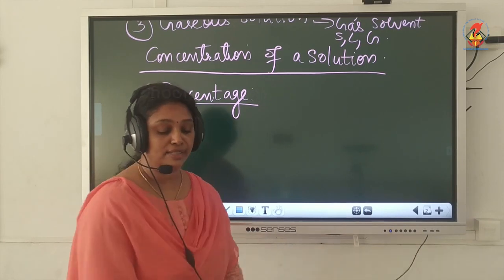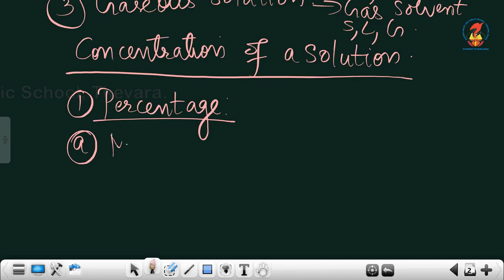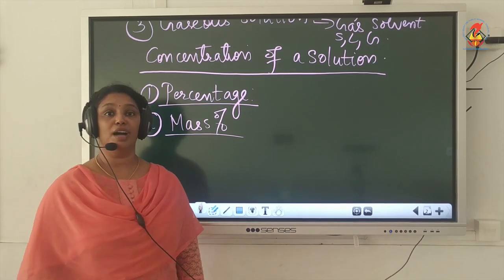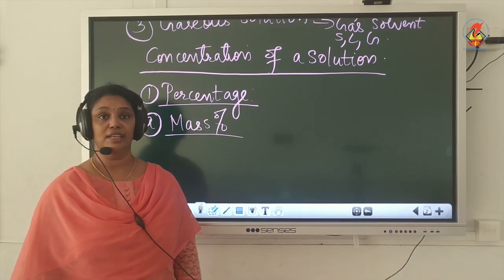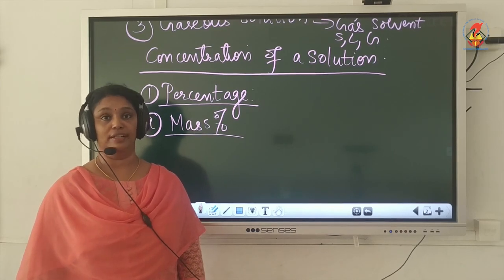The first one is mass percentage. Mass percentage means the mass of solute in grams dissolved in 100 gram of solution.